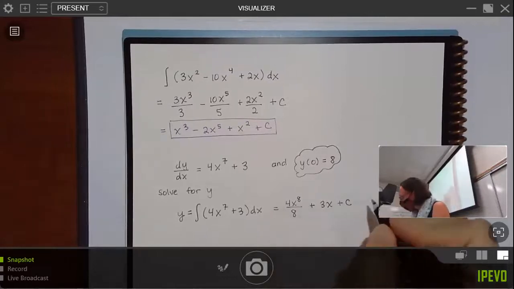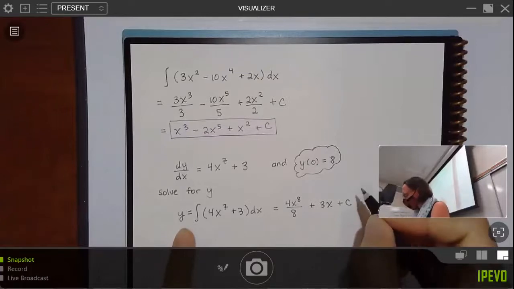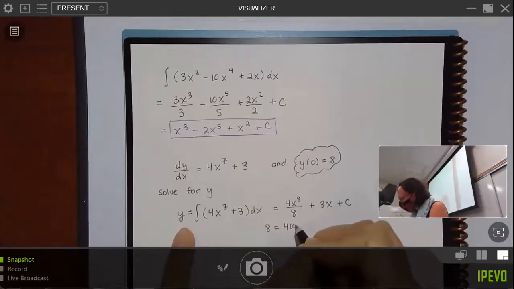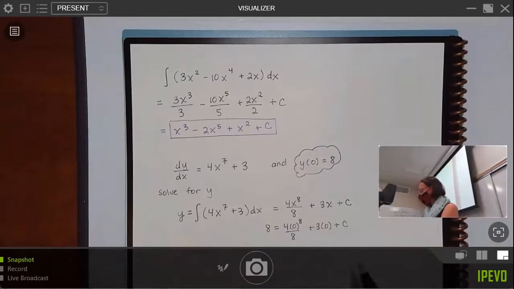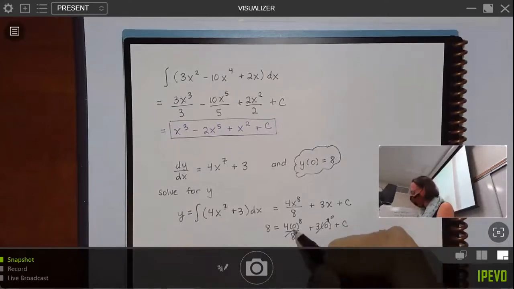Because now this is my general equation for y. But now I know that I should get 8 when I plug in 0 for x, which means that the value of that constant had to be 8.